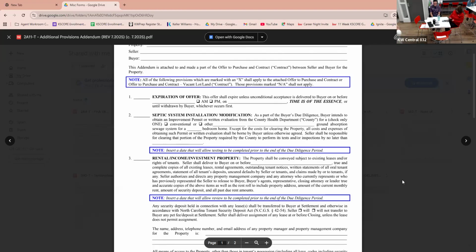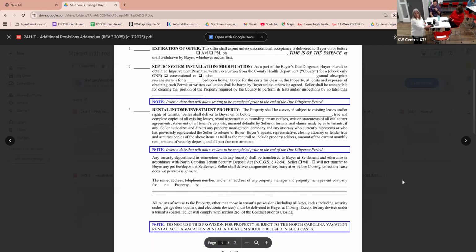Again, that would include any existing leases, rent rolls, record of security deposits, all of that by that time. And again, I think we see a lot of agents that are not doing their due diligence and getting that stuff and making it available to agents. Yep. It's frustrating.